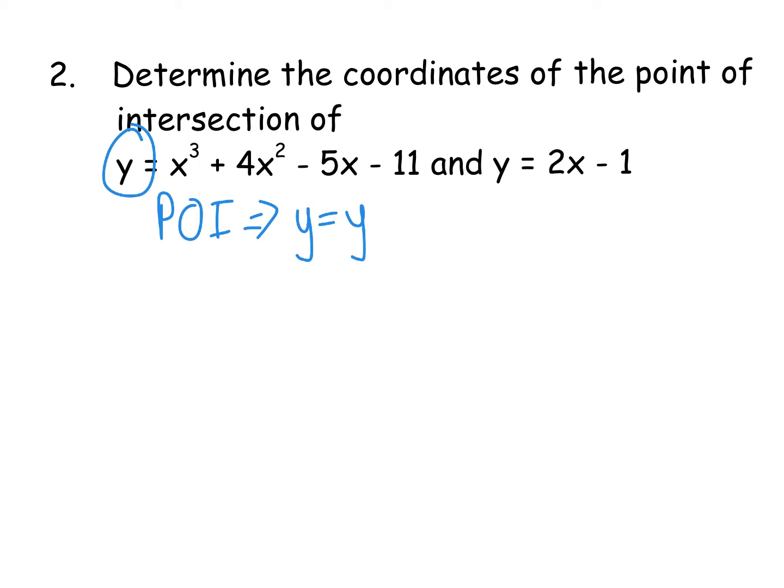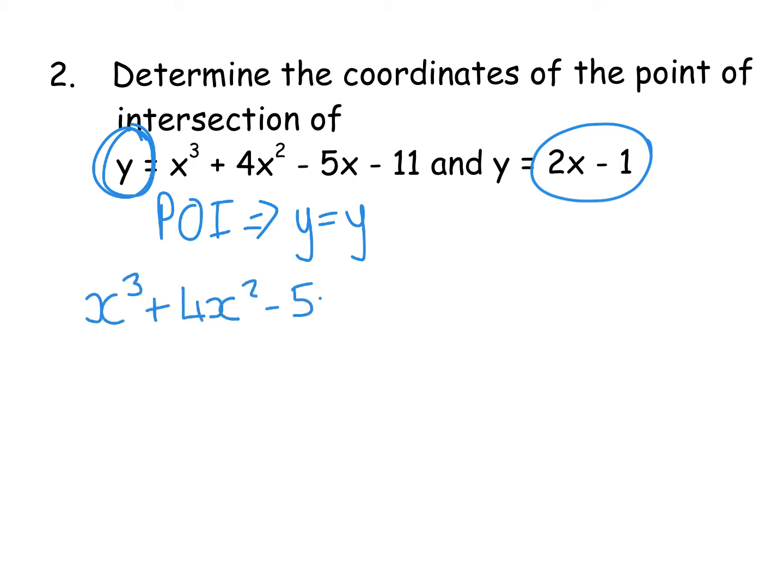So effectively what we're really doing is substituting in this thing here, the 2x minus 1, for this y over here. Because if y equals y and y equals y, then these 2 things are equal. So that's what we're going to do. But because I've got the x cubed, I'm going to put that one on the left hand side. So I'm putting the one with the highest power on the left.